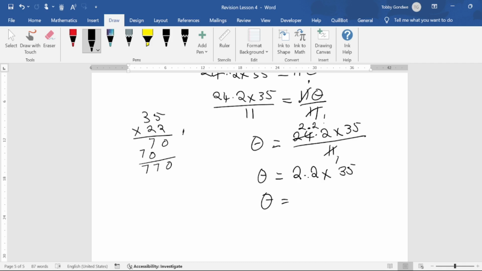But then how many decimal places? 1. So we put a decimal place there, and we have our value as 77. And so we are saying, therefore, the angle POQ is 77 degrees. That's our answer.